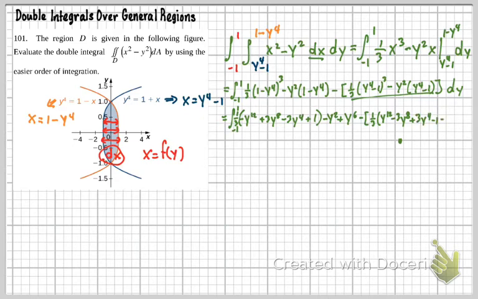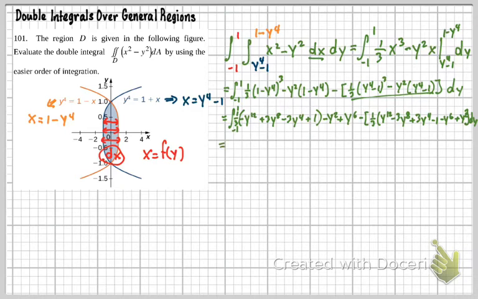And then minus, now we're going to do this piece here, y to the 6th plus y squared. And that's dy. Barely fit that in there. Tough fit.